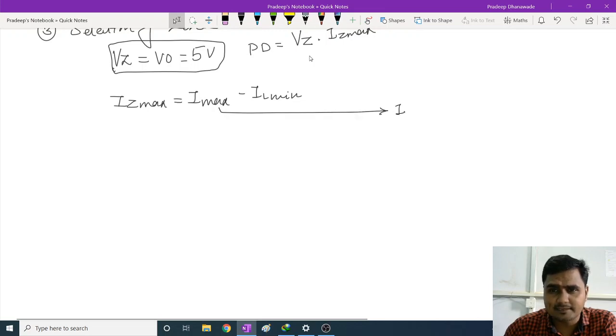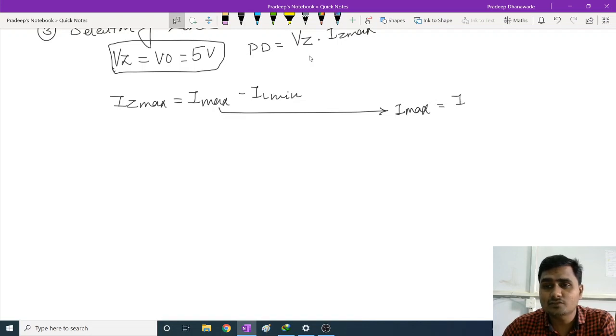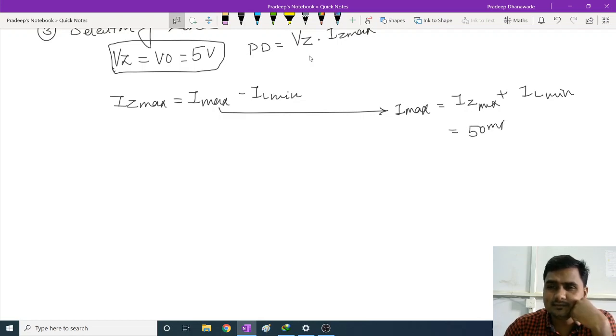I max is equal to, what is I? I is equal to Iz plus IL. So I max is equal to Iz max plus IL minimum. Now Iz max is 50 milliamperes, you remember, it is 50 plus IL minimum.